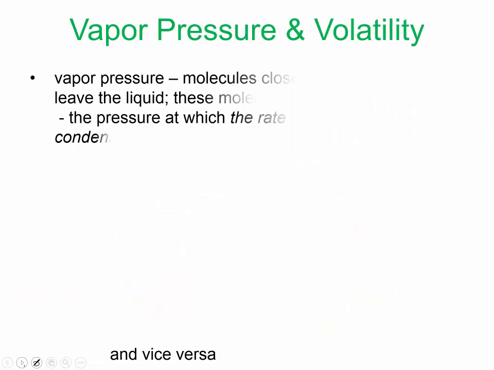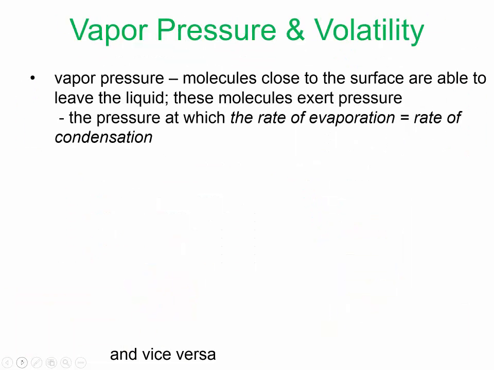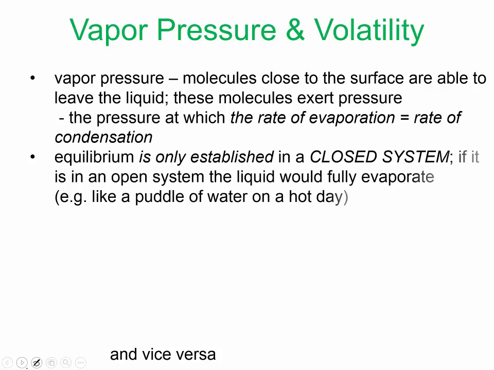I think we have some points over here about vapor pressure and volatility. Molecules close to the surface are able to leave the liquid, and those exert pressure. These are take-home points from the first slide we had with the manometer. Another point is about equilibrium between a substance's vapor and its own liquid.